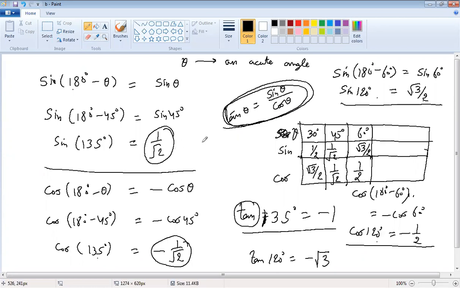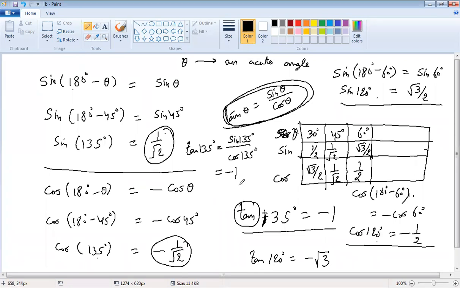So tan 135 degree is equal to sine 135 degree divided by cos 135 degree. Sine 135 is 1 by root 2. Cos is negative of 1 by root 2. When we divide the two, the same numbers cancel out totally. Only the minus sign remains, minus 1.